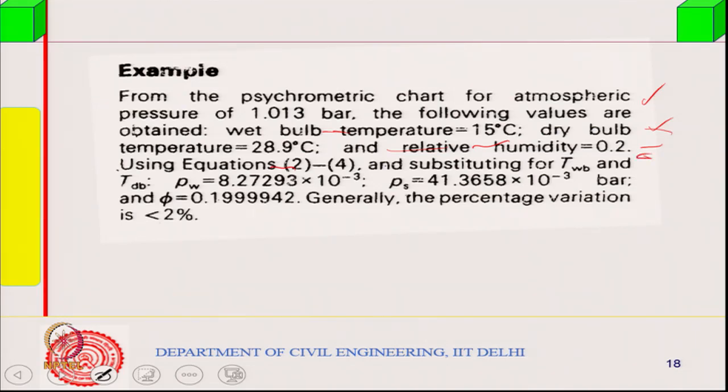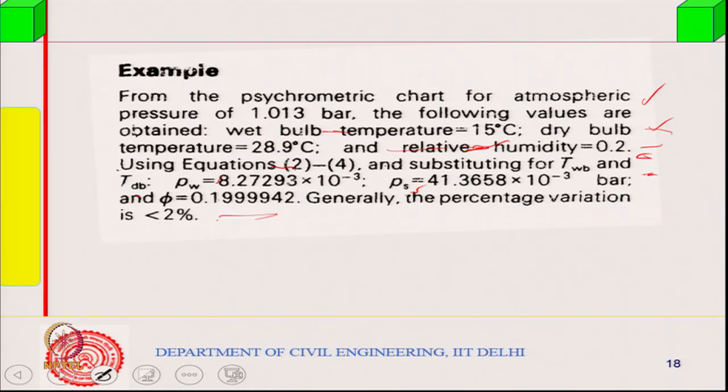Now, use those equations that I was talking about, and substitute the wet bulb temperature and dry bulb temperature. You can find out PS, the saturation vapor pressure, and PV, the vapor pressure that I was talking about.